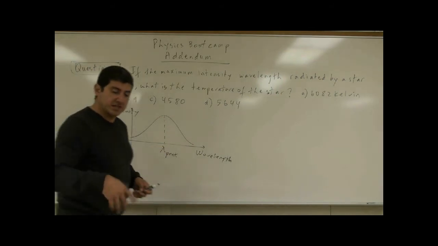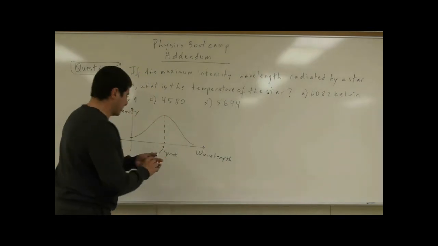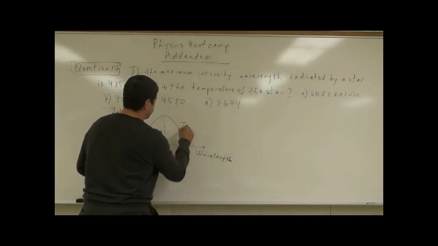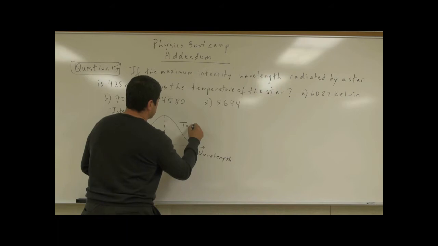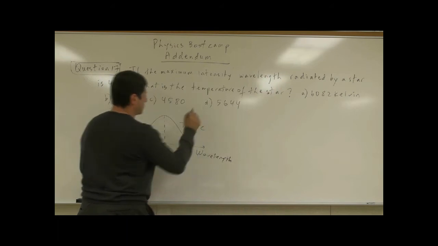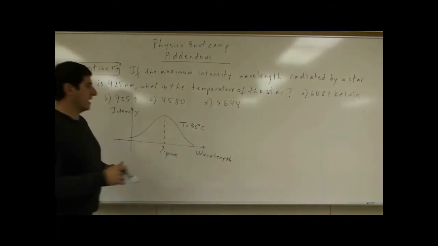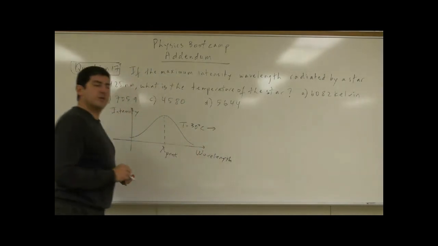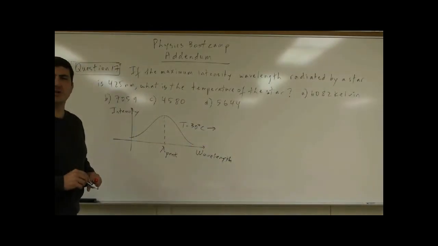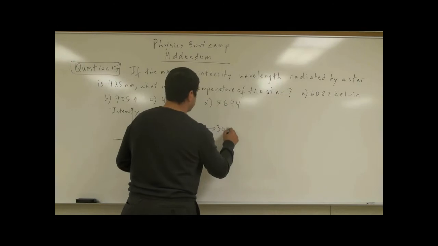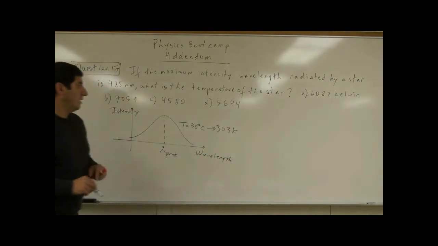Okay, so let's say there's another object. Let's just say, for the sake of argument, that this is a temperature of 30 Celsius. Okay, that's going to be around what? 273 plus 30, that gives you 303 Kelvin. Okay.